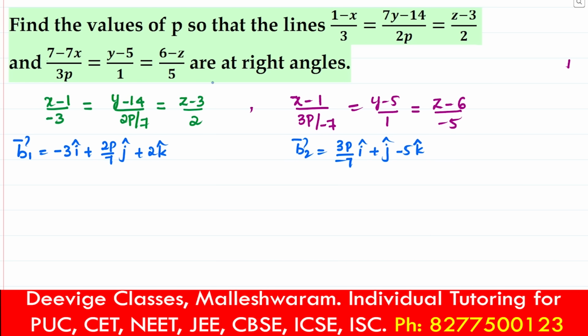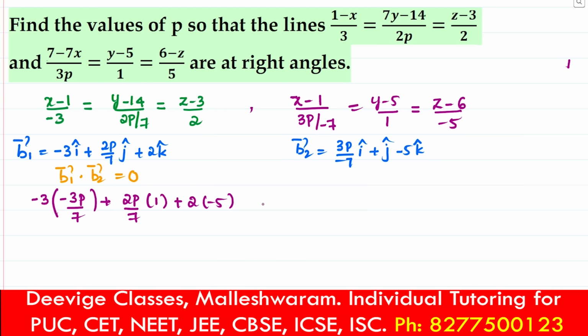If the lines are at right angles, which is 90 degrees, b1 dot b2 will be equal to 0. The dot product of these two vectors is minus 3 into minus 3p by 7 plus 2p by 7 into 1 plus 2 into minus 5 is equal to 0.